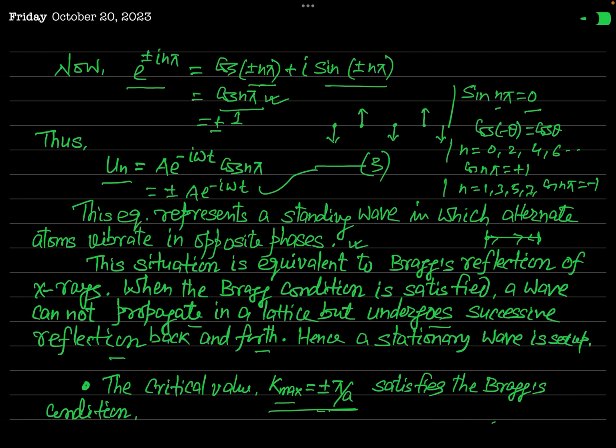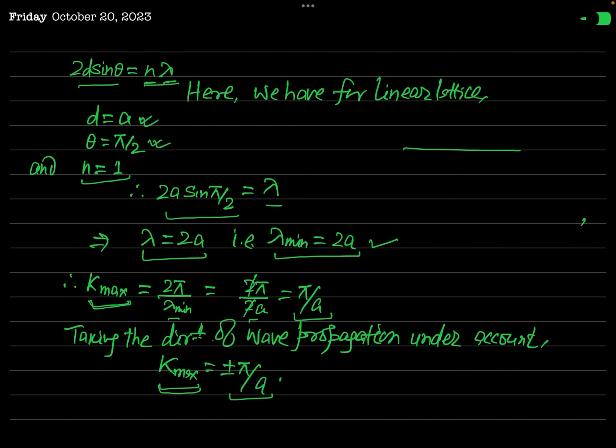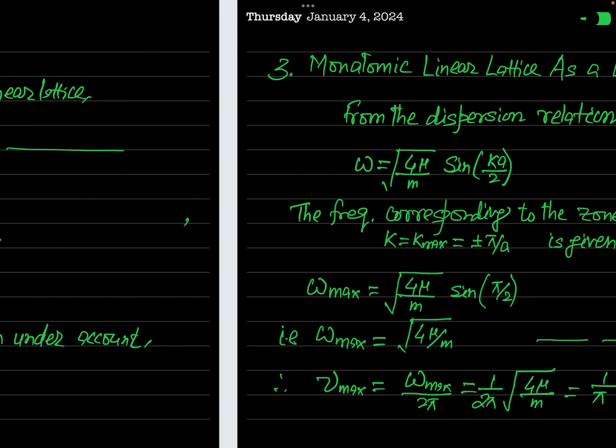In the reverse manner you can say that if k max is equal to plus minus pi by a, then definitely Bragg's condition will be satisfied, and if Bragg's condition is satisfied, there will be no propagation of the wave, but a standing wave will be formed inside the lattice.